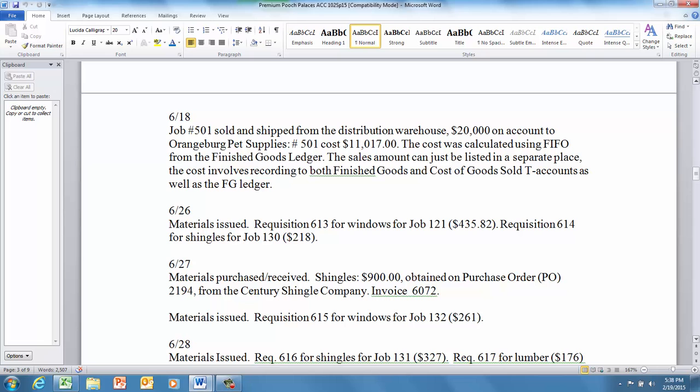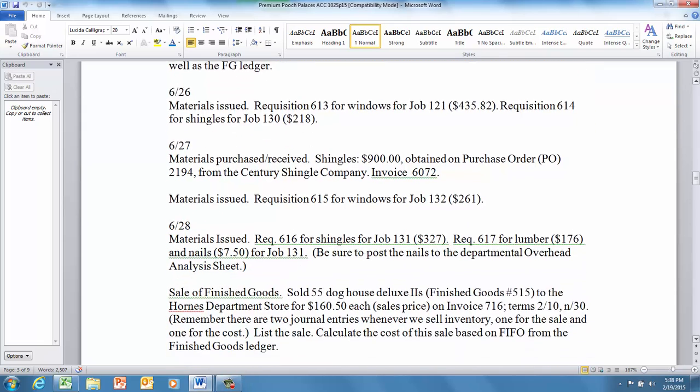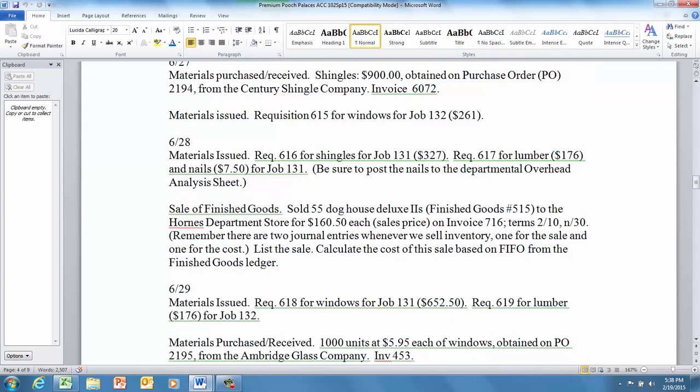Okay, let's take a look at a sale of finished goods. Here's where we sold 55 Doghouse Deluxe 2, finished goods number 515, to the Horns Department Store for $160.50 each. Sales price on invoice 716.